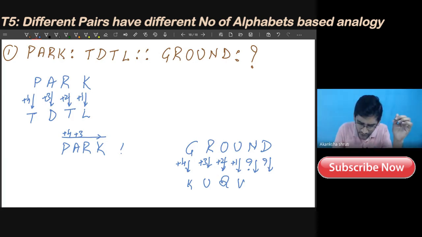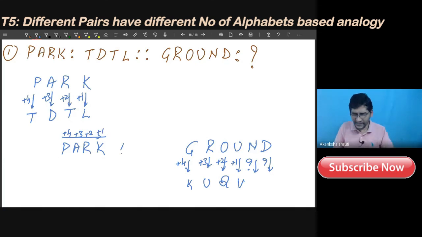See, here we are observing from the left end P to K, there is shifting, means +4, +3, +2, +1. But this shifting is continuously decreasing by 1.